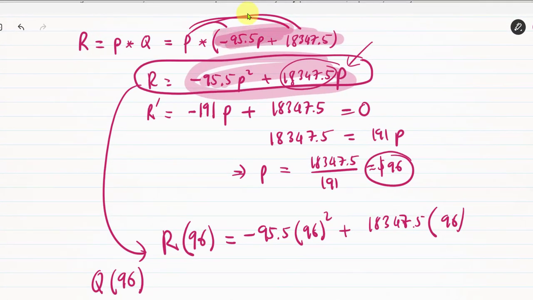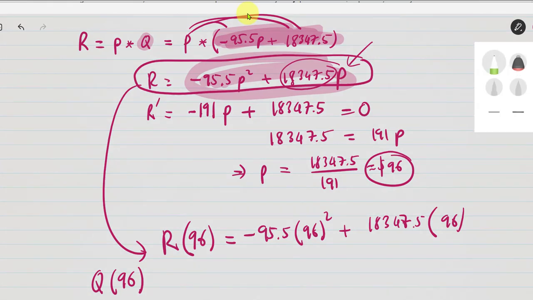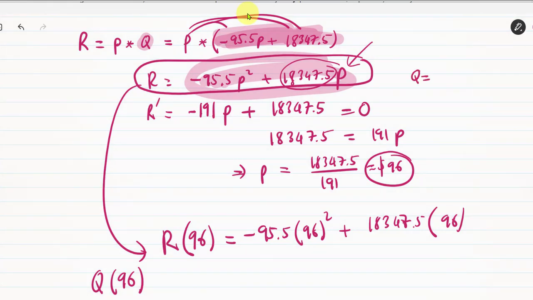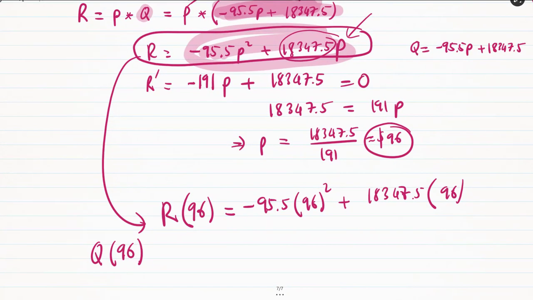This one right here, because this one is the Q, right? That is the equation for the Q. So Q is minus 95.5P plus 18347.5. So we just plug in 96 to the price to get the demand, right? How many tires? So we plug in 96 there plus 18347.5.